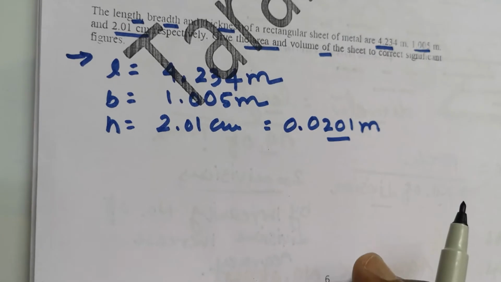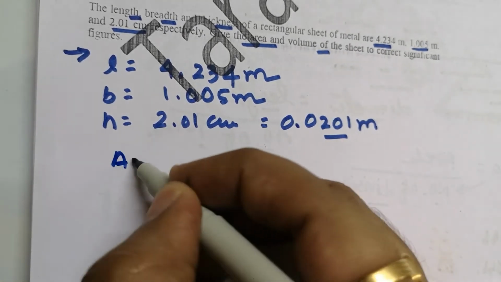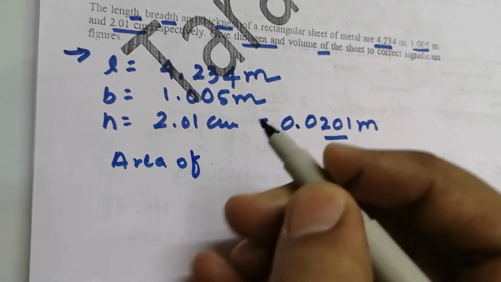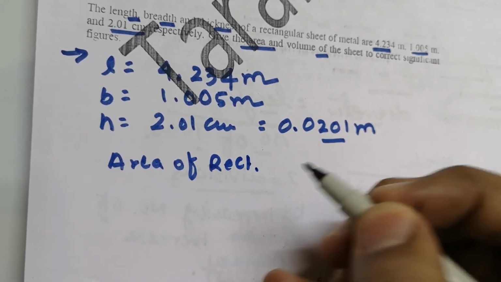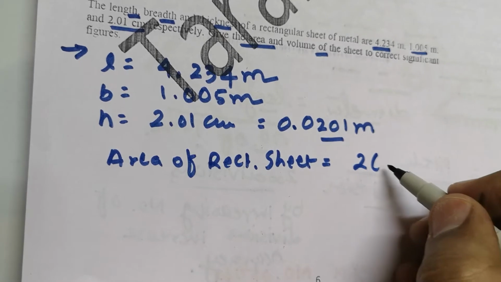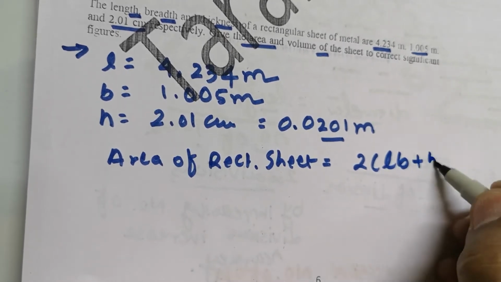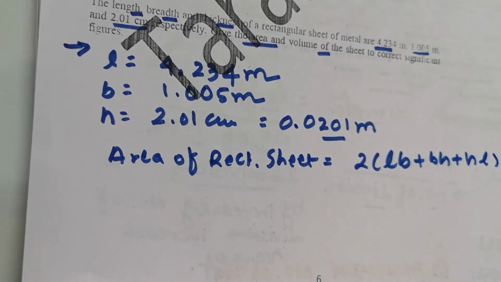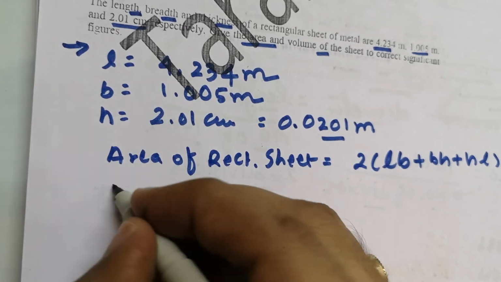So I have all those data. Right now I want to find my area. So the area of a rectangular sheet is twice of LB plus BH plus HL. I am putting all those values here for you.